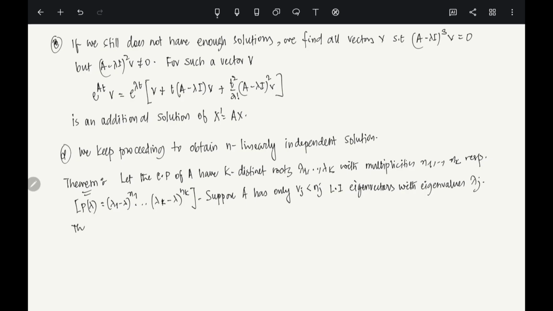Then what we can say is that the equation (A − λj I)² v = 0 has at least vj + 1 linearly independent solutions. Clear?